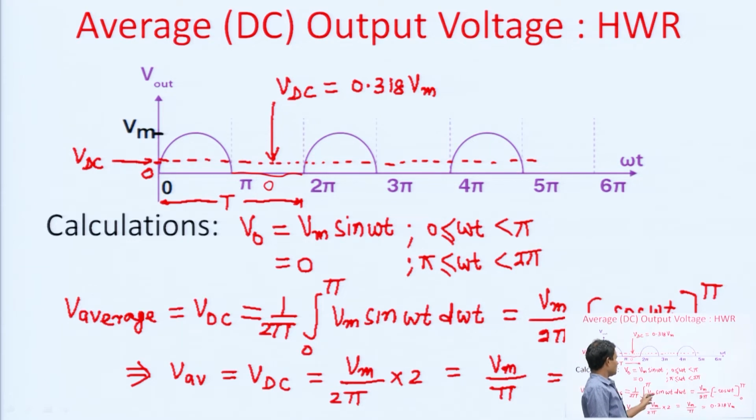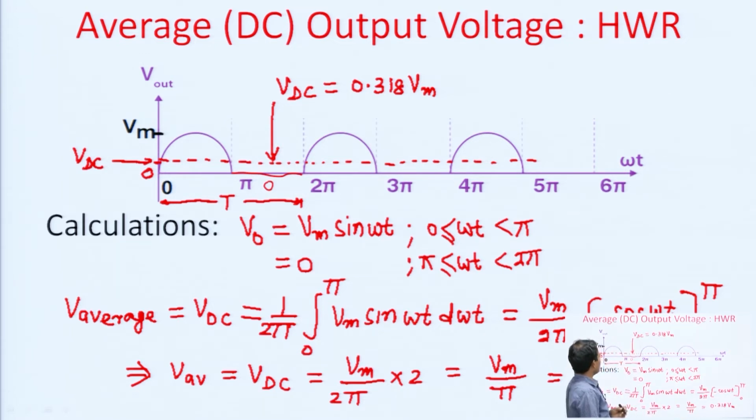Now, what is the integration of sin omega t? It is minus cos omega t, so Vm by 2 pi times minus cos omega t from 0 to pi. If we take these two limits, then minus cos omega t becomes 2, and the DC output voltage is equal to Vm upon 2 pi into 2, which is equal to Vm upon pi, that is 0.318 Vm.